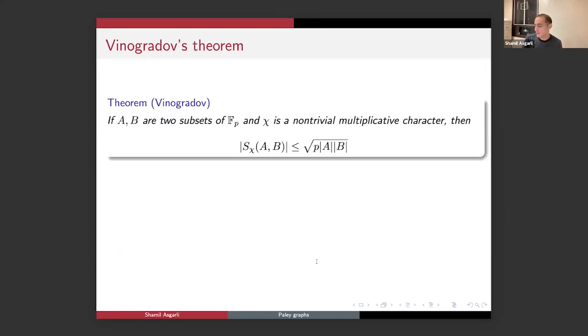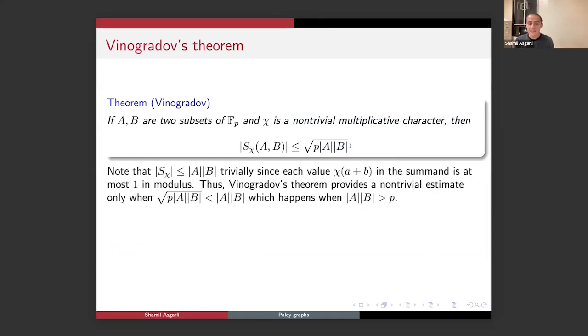Here's a classical result by Vinogradov showing that character sums are bounded in the following way. If I have two subsets A and B of F_p, and chi is a non-trivial multiplicative character, then this double character sum is in absolute value at most the square root of p times the size of A times the size of B.